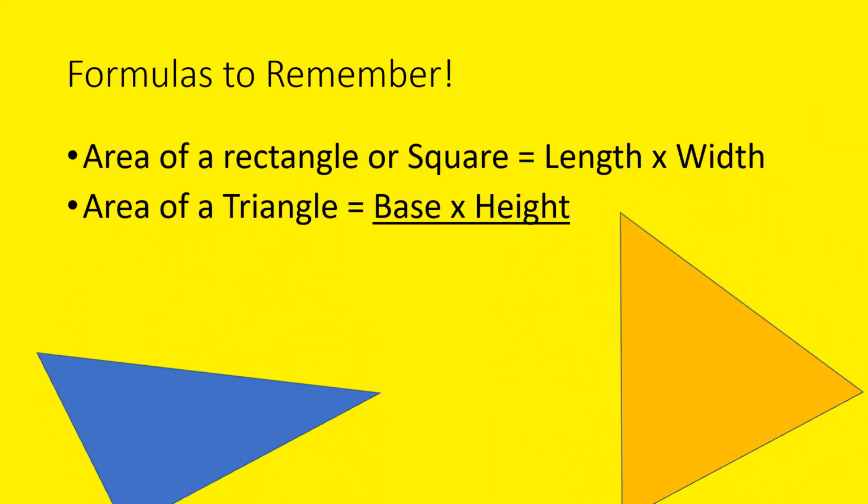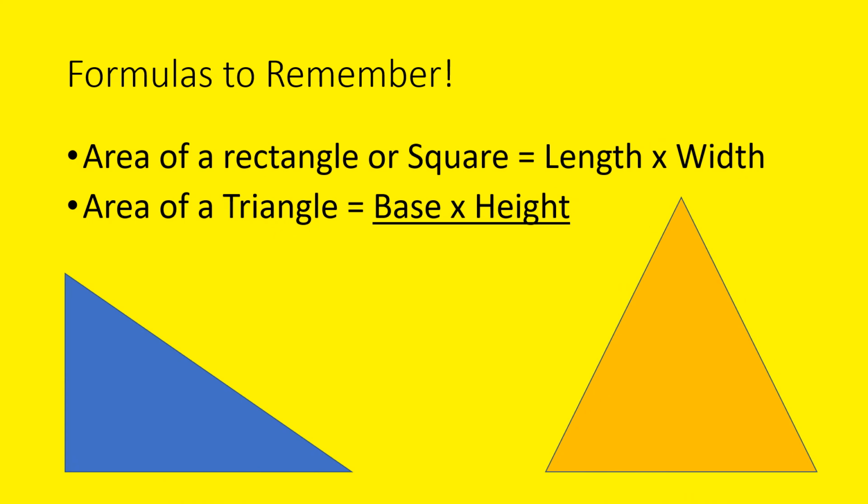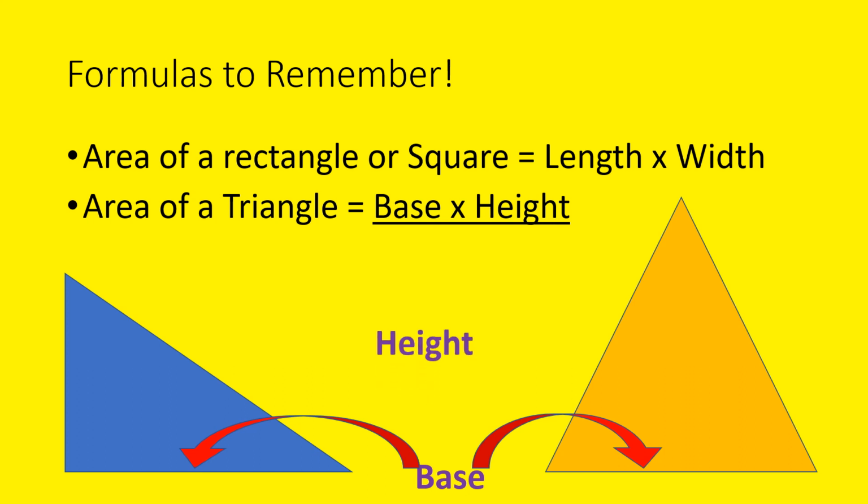Okay, guys, so a couple things to remember. The area of a rectangle or square is we're going to take the length times the width. For the area of a triangle, we do not have length and width, but we do have the base, and the base is going to be the bottom, whatever that triangle is sitting on. Usually it will be identified. You won't have any trouble figuring out where the base is. And we need the height. And in a right triangle, it's pretty easy to see.